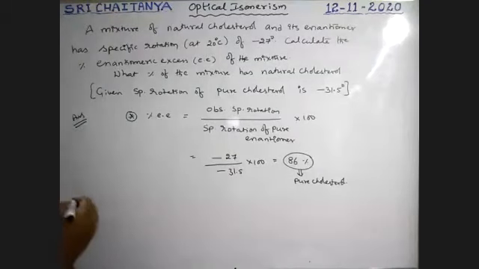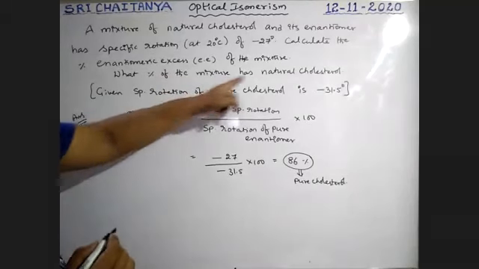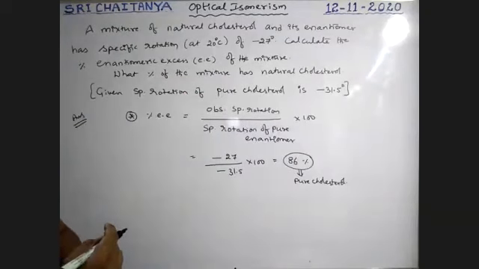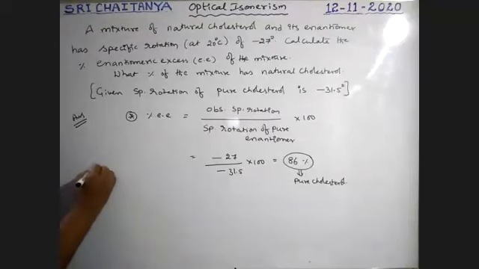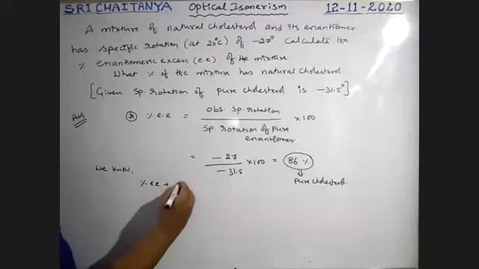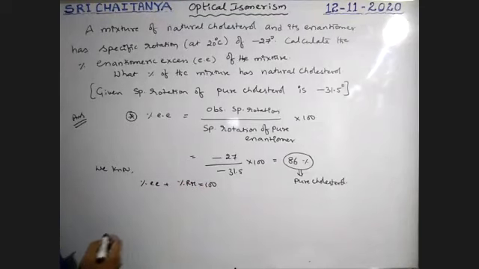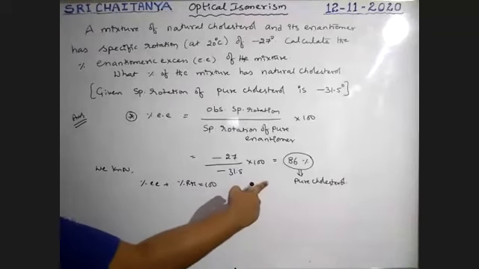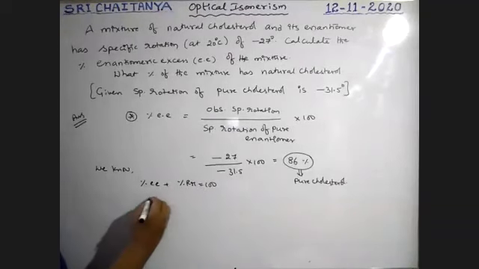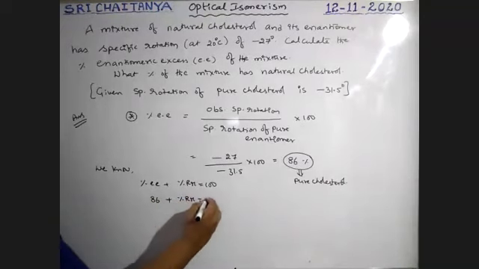Okay. So now you want to calculate what percentage of the mixture has natural cholesterol. See here, boys, we know that percentage of enantiomeric excess plus percentage of racemic mixture is equal to 100.